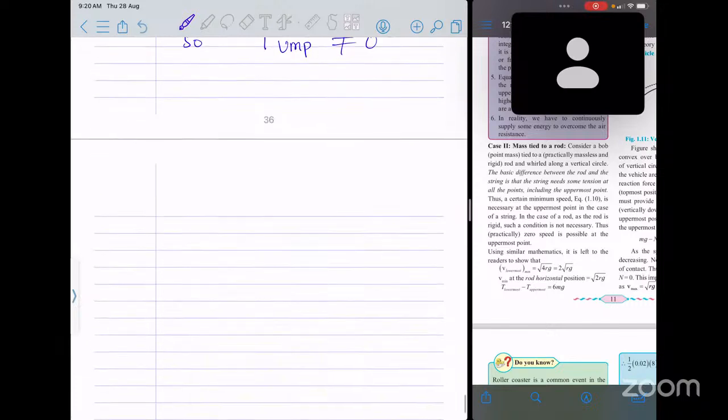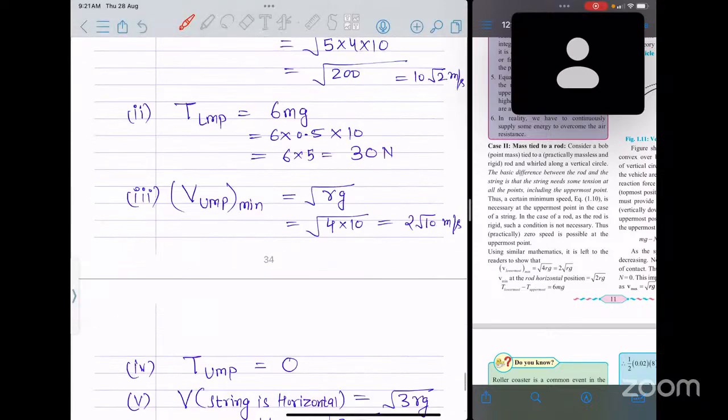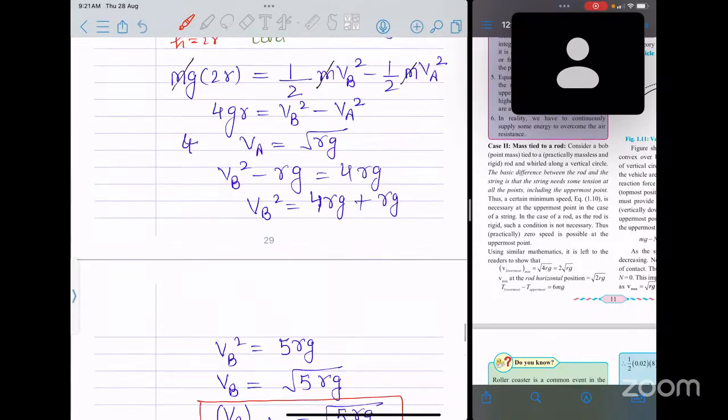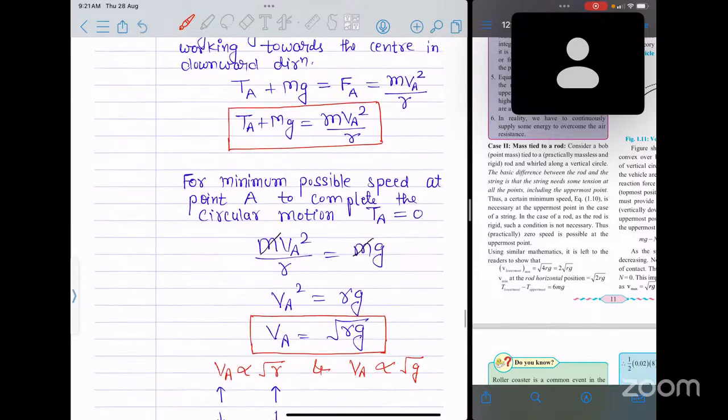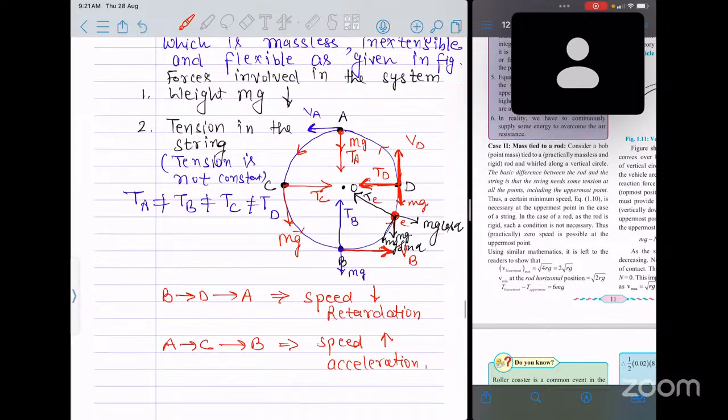So we will use the relation. If you look at the diagram, when the object is at uppermost point, mg and tension in the string work in the same direction, and that is responsible for mv square by r, that is centripetal force.